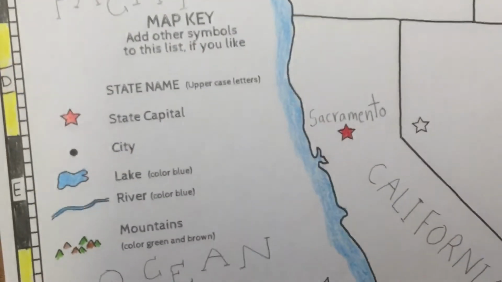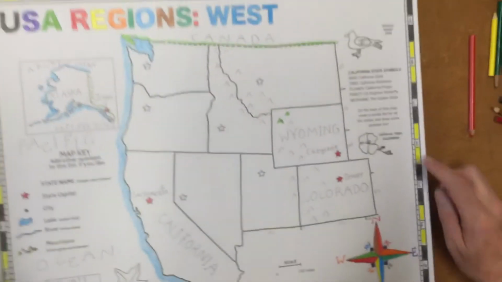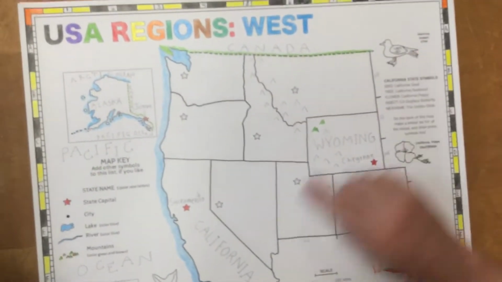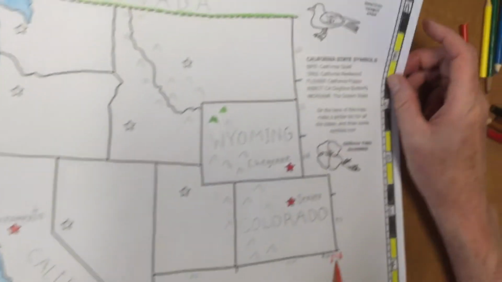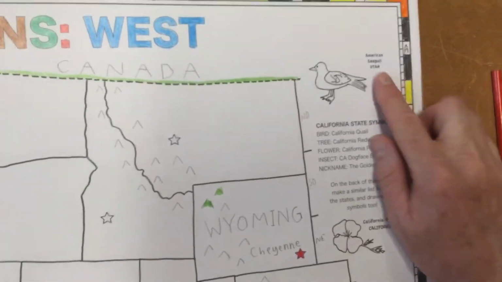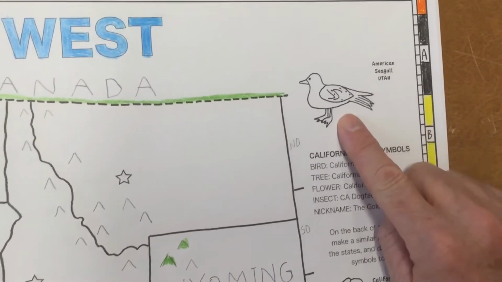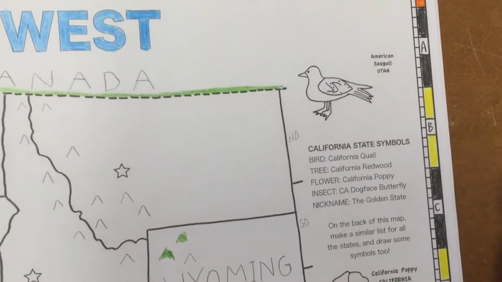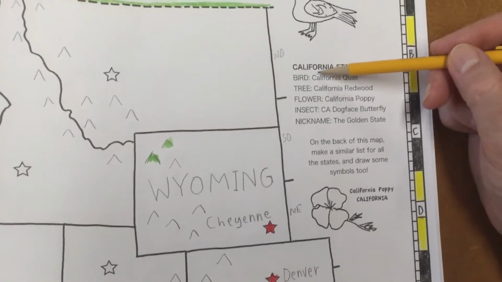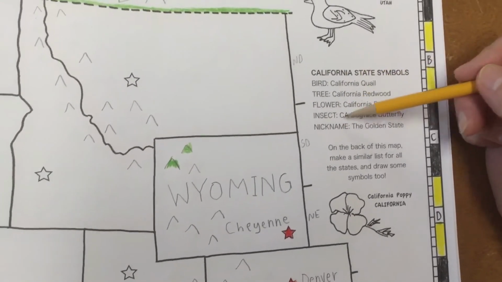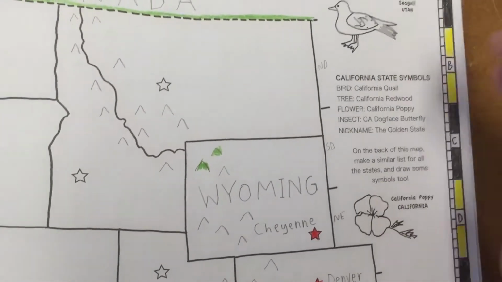And there's one other thing that's common to all of the maps. We put some of the state symbols on the edge, for instance, for Utah, we drew the American seagull, which is the state bird of Utah. In fact, I also suggested listing a bunch of symbols from each state. You could always turn your paper over to the back if you really want to get into the state symbols.